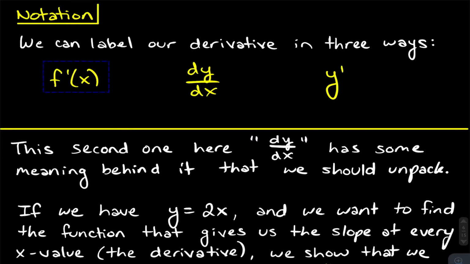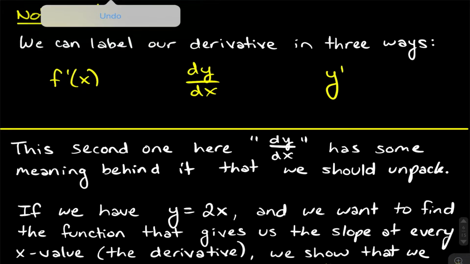We can call it f prime of x, that's the notation that I used before. We can call it y prime. And instead of saying y equals 2x, we'll say the slope of that, y prime, is going to equal the slope of 2x. The slope of the line 2x is 2. Or we could say, instead of y prime, we'll say dy dx.